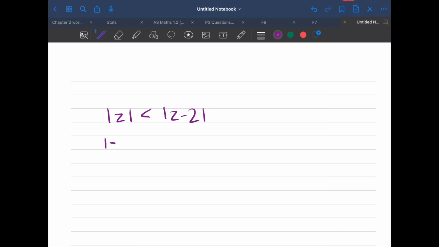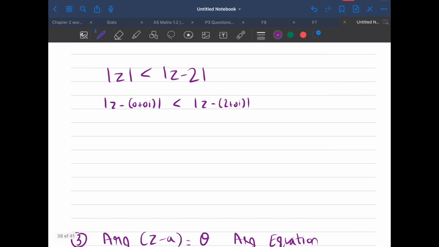So there's nothing written. 0 plus 0 iota less than z minus 2 plus 0 iota. So it's going to lie here, 0 comma 0 and 2 comma 0. Got this? So my perpendicular bisector will be here at 1.